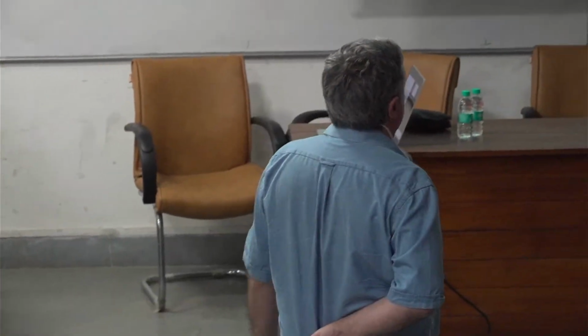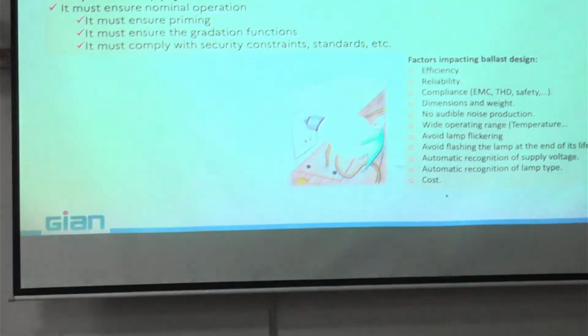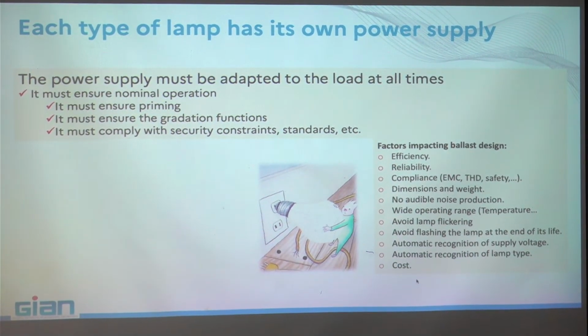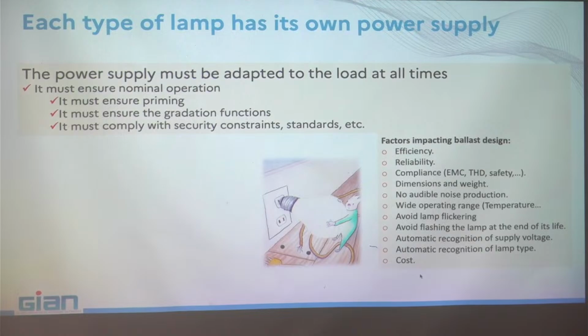Today, all lamps have to comply with this limit. Of course, the dimensions and the weight are very important. You know that the old ferromagnetic ballast was very bulky and heavy.